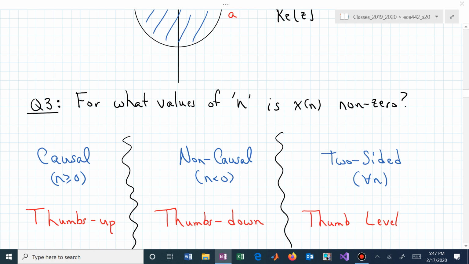For this one, based on the explanation that we just went over for question 1, you can do exactly the same analysis and convince yourself, hopefully, that it is non-causal.